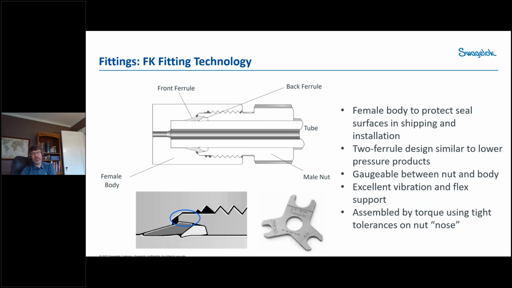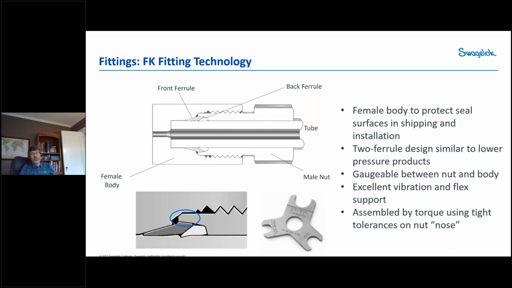This is what the picture looks like when made up. So you can see the two ferrules, the front ferrule and the back ferrule, the male nut, which is threaded into the female body. And as that nut reaches full assembly, the bottom, or I should say the front, I guess, of the nut hits the bottom of the female body, which I'm showing in the blue circle there.